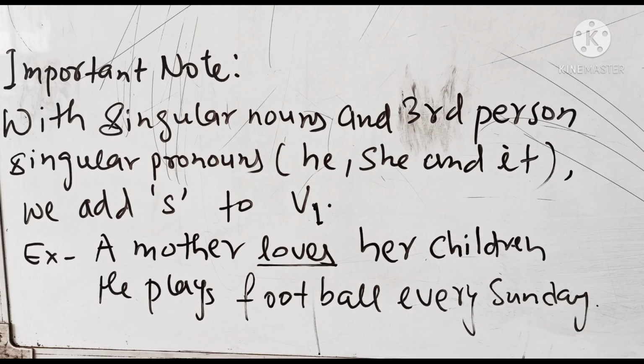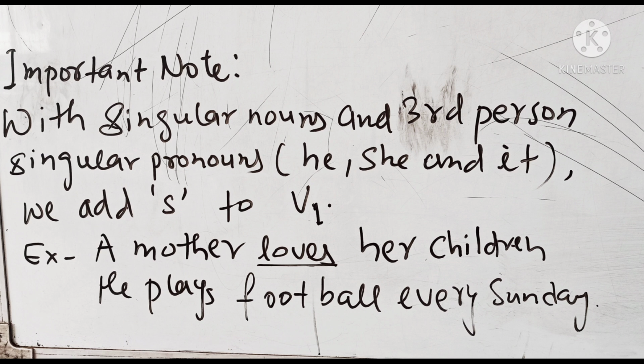Now, before moving on to simple past, there are two important notes that I want to discuss with you. With singular nouns and third person singular pronouns, which are he, she, and it, we add s to the basic form of verb, the first form of verb. For example, a mother loves her children.